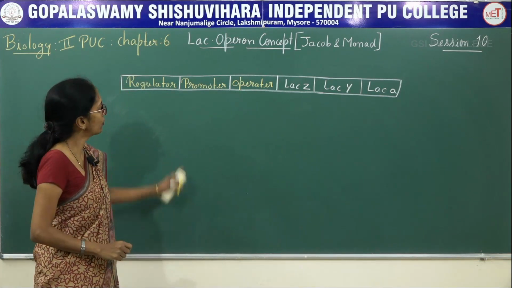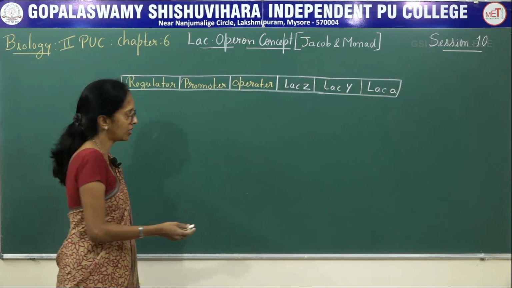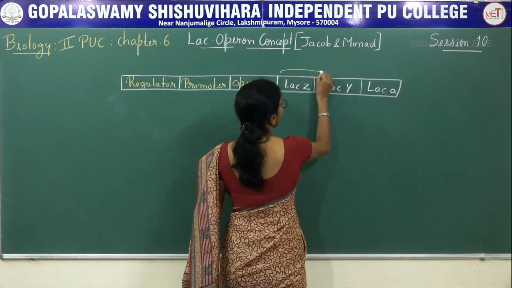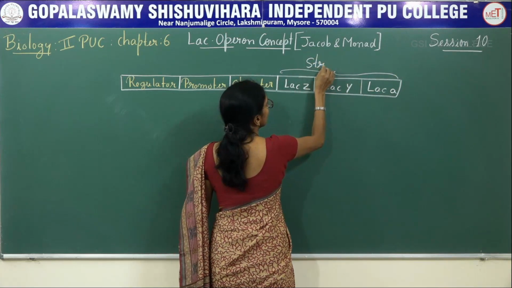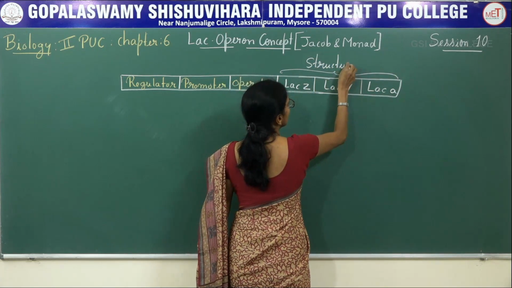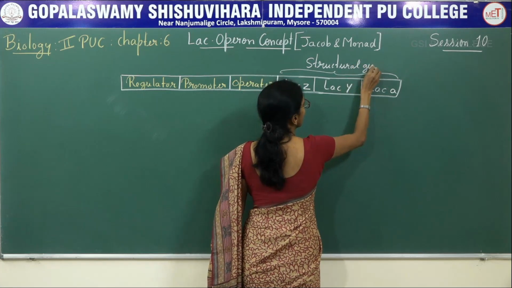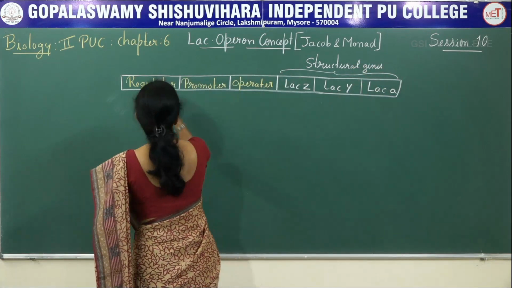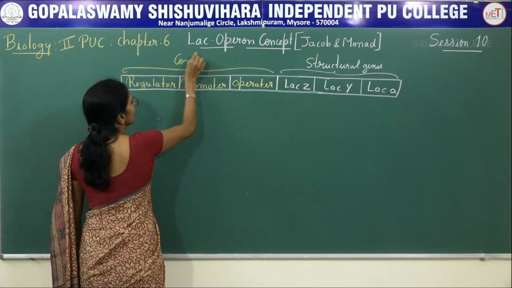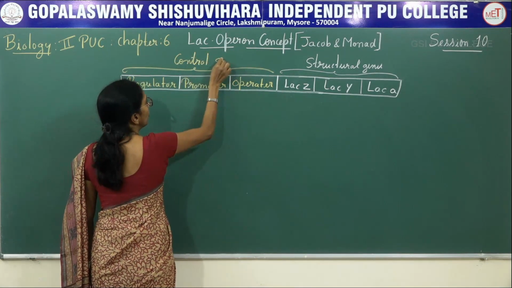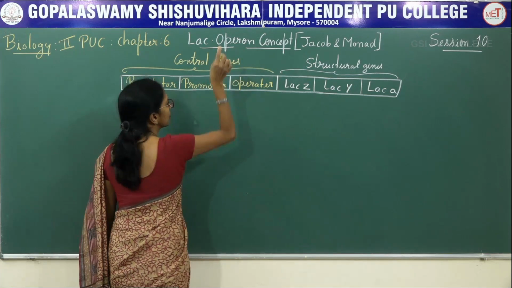It consists of two types of genes. These three are said to be structural genes, and these three are said to be control genes.